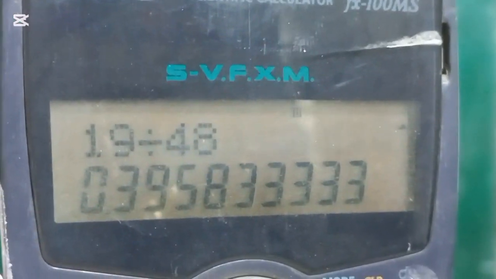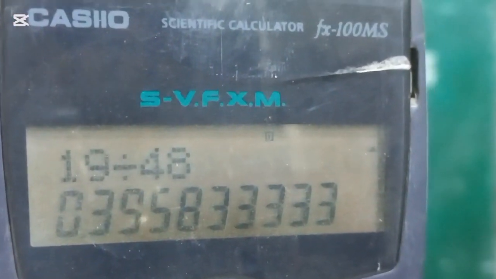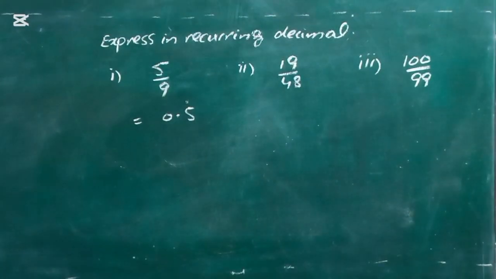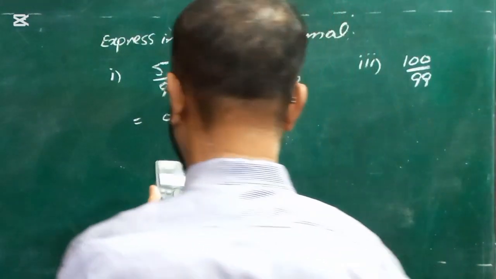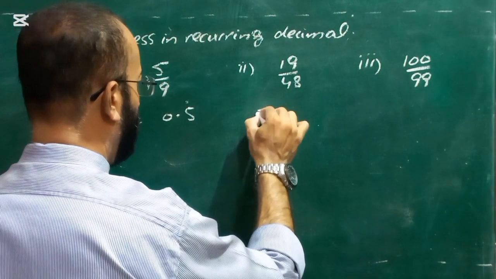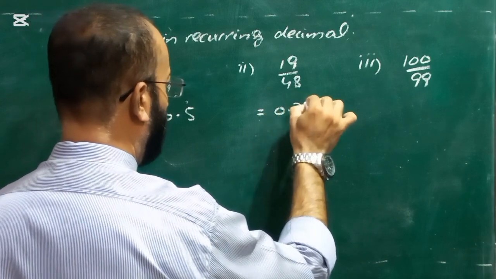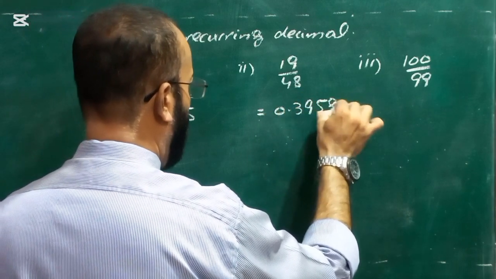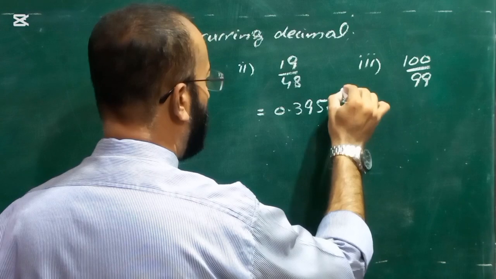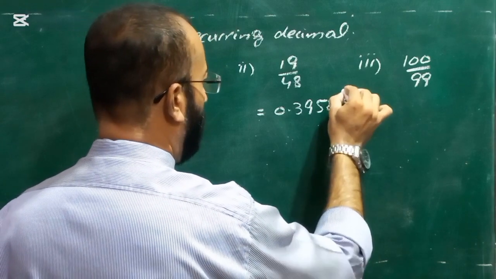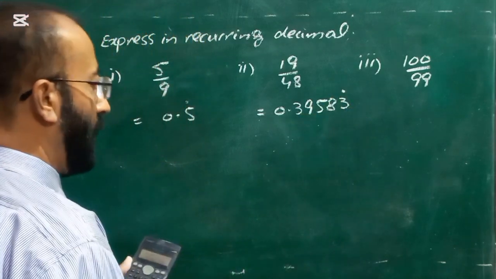So we will put one dot above 3 because only 3 is repeating. So look now, the method to write the answer is 0.3958, and 3 is repeating, so there will be a dot above 3 only.